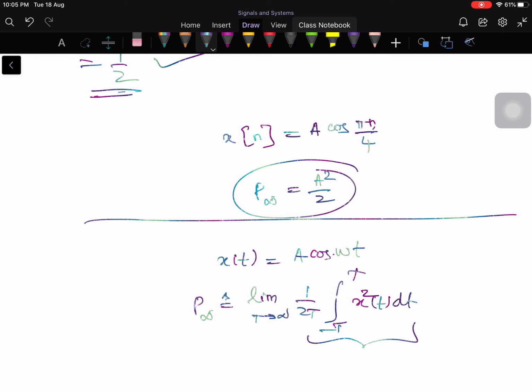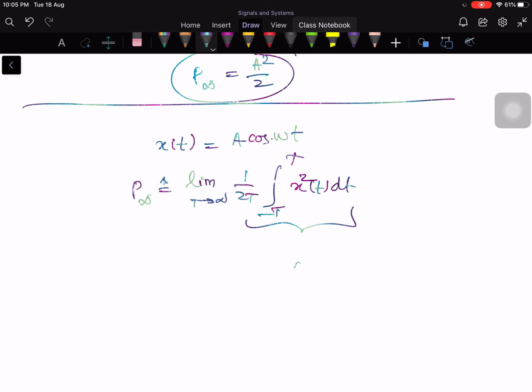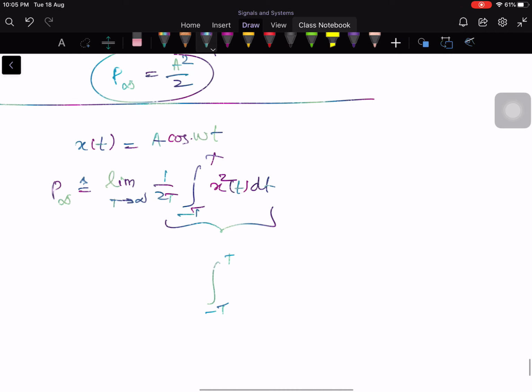Now first to find out this part: integral from minus T to plus T of A squared cos squared omega t times dt.